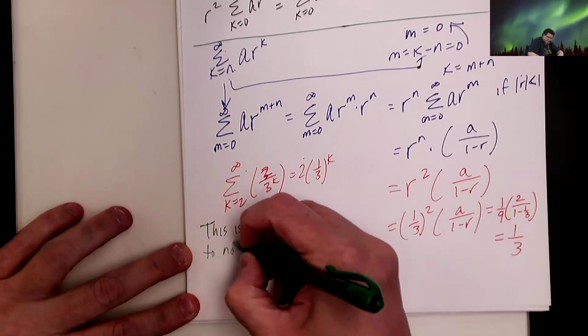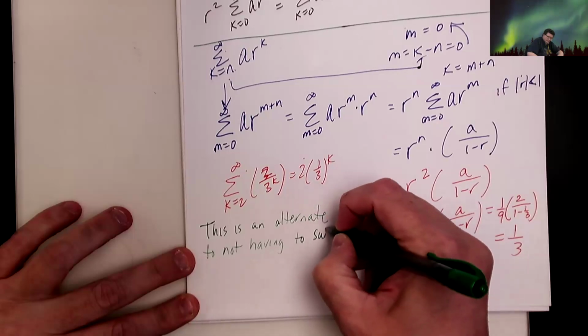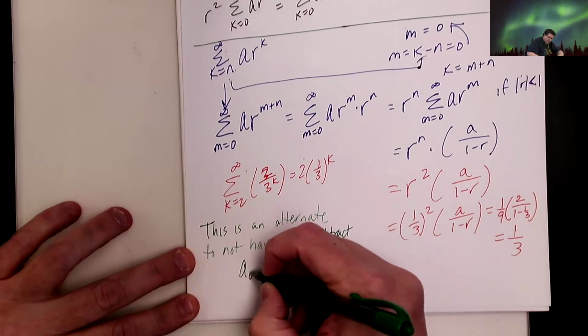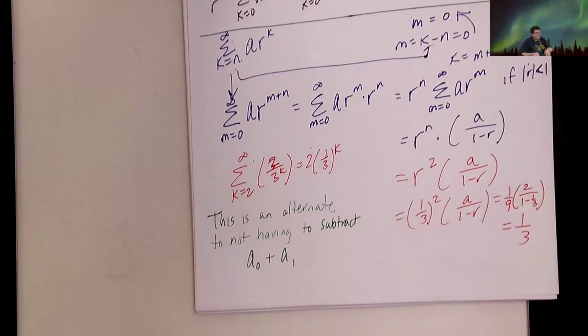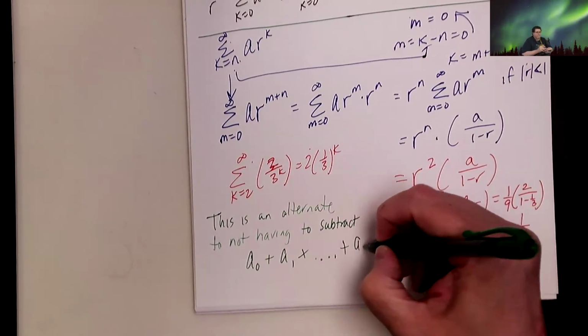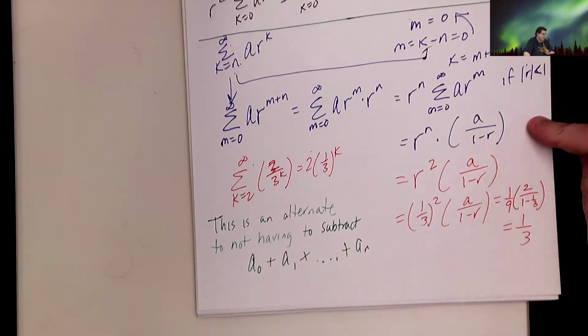To not having to subtract A0 and A1 up to AN. This is probably easier for more than 2 terms, to be honest.